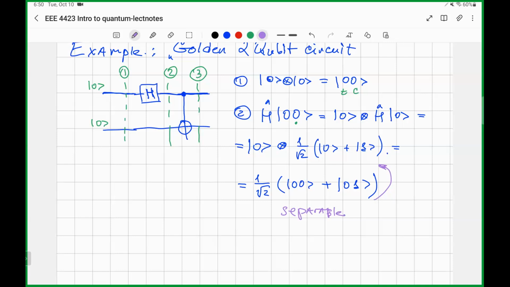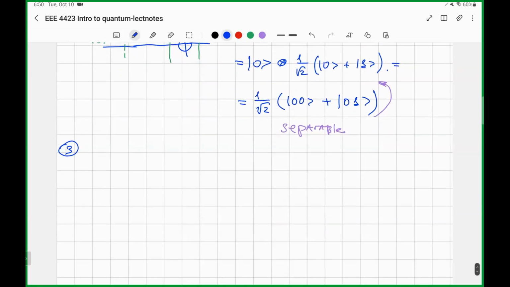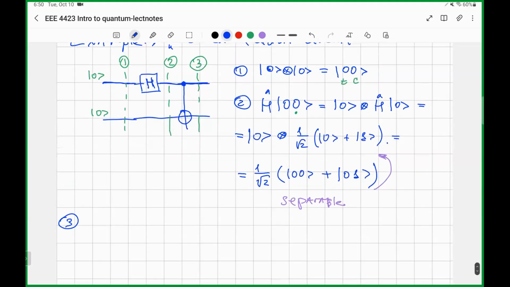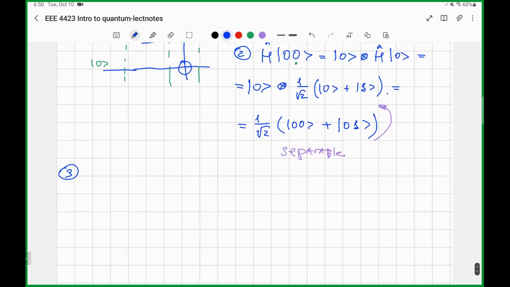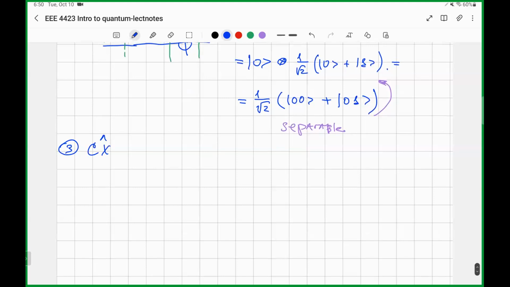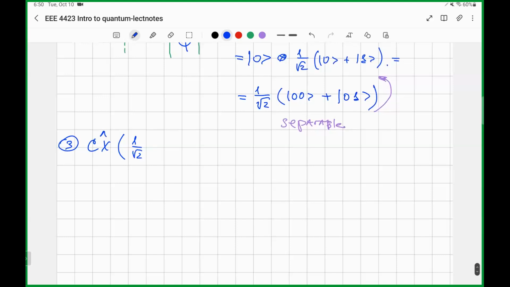But now what happens in the third layer of the circuit? The state in the third layer is the state after applying the C0 gate on the state in the second layer, the previous one. So I write Cx, and it acts on the state 1 over square root of 2, state 0, 0, plus state 0, 1.